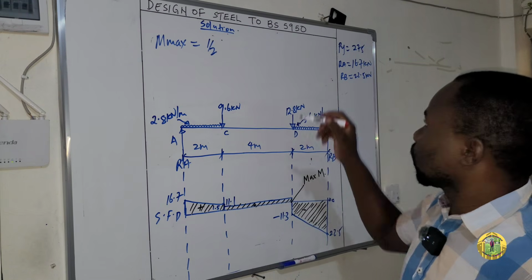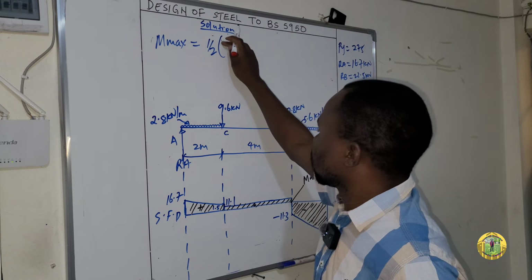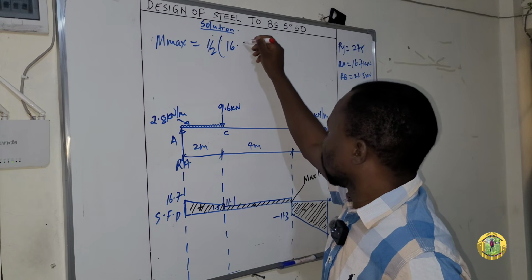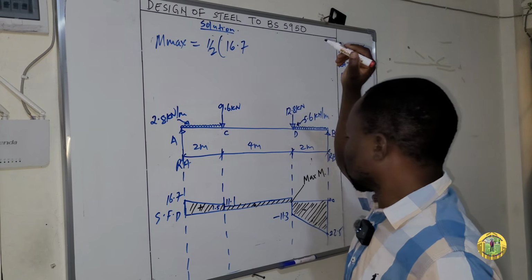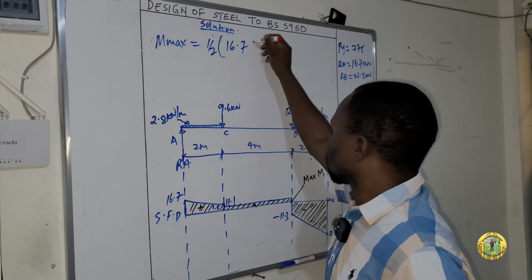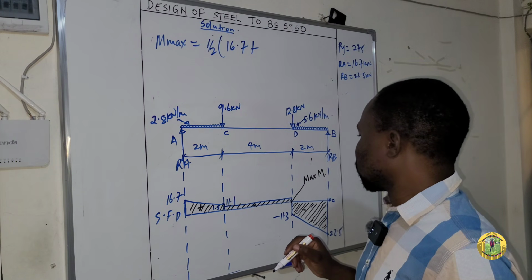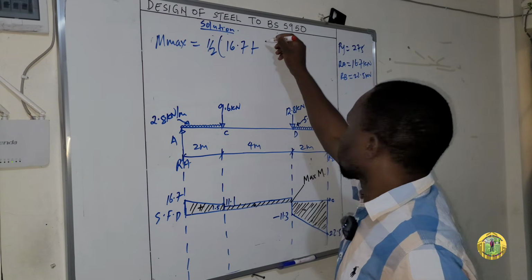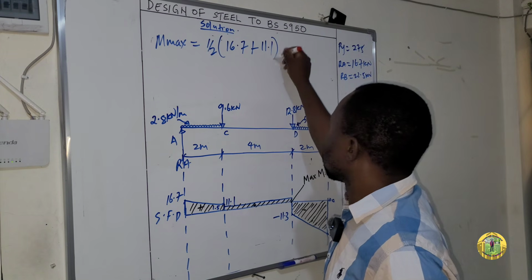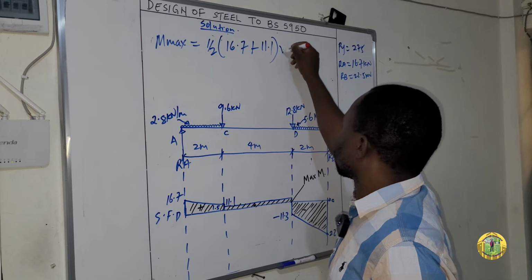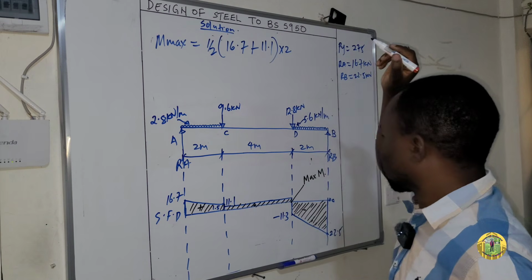So it will be a half times (16.7 plus 11.1) times h. H is this from here to here, times 2, like that.